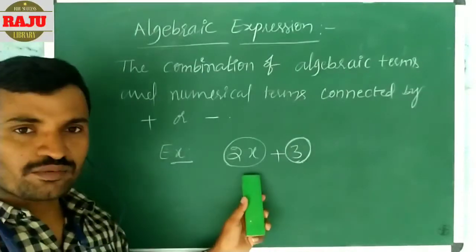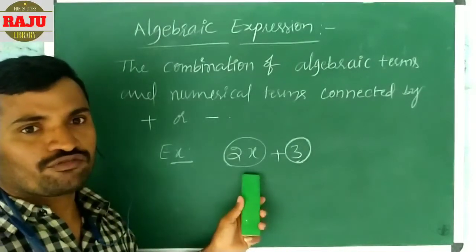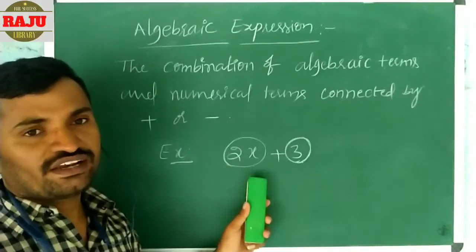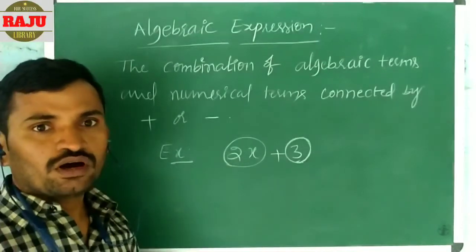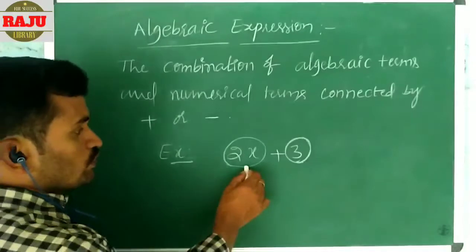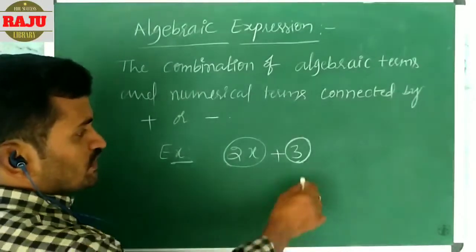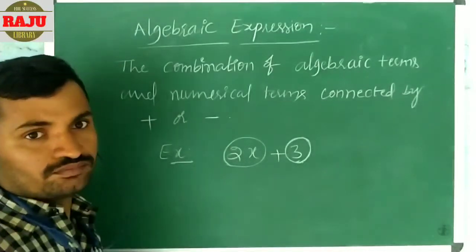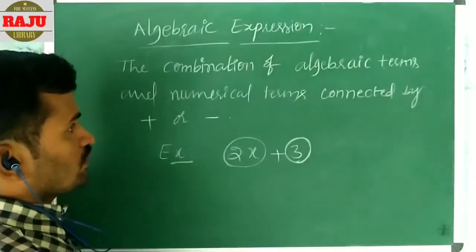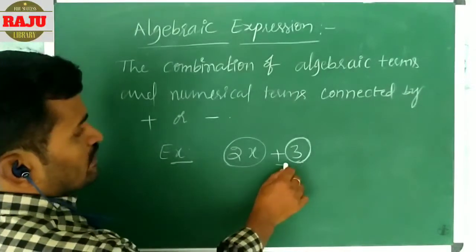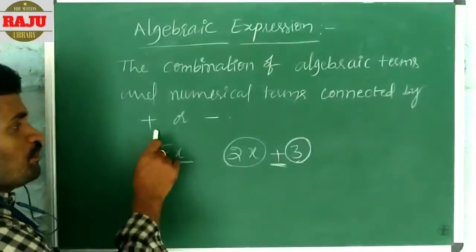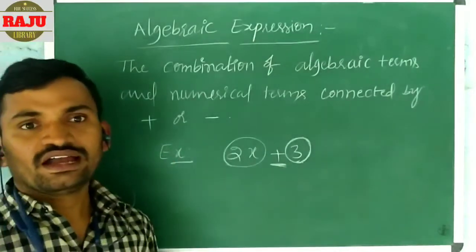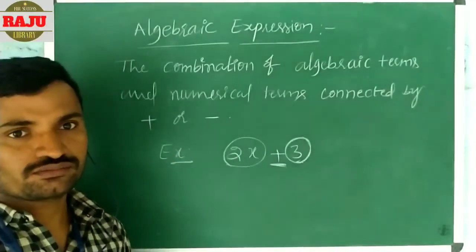Here algebraic term means what? The combination of constants and variables connected by multiplication or division. So here 2x is an algebraic term, 3 is a numerical term or numeric term. So these two are connected by plus. So it is called an algebraic expression.